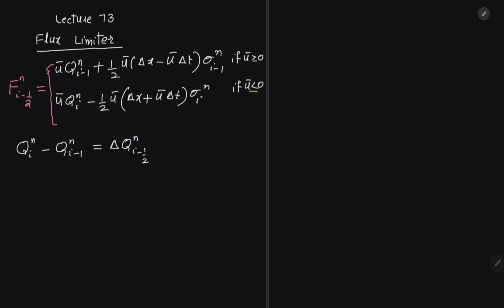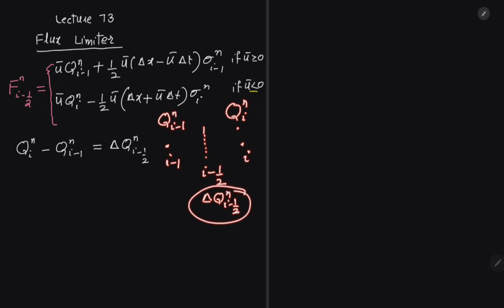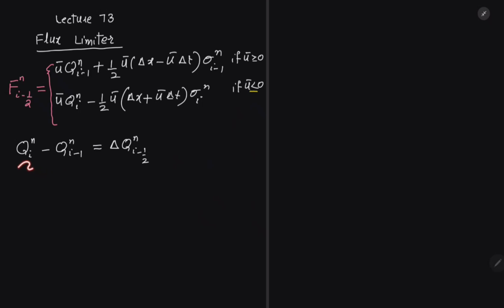For example, this is I minus 1/2, and if you want to measure the change at I minus 1/2, this is I minus 1, so you take the difference of Qni with Qni minus 1. Then you get delta Qni minus 1/2. If we consider slope only, then this will be divided by delta x. Then this becomes sigma ni or I minus 1, depending on what u bar is.